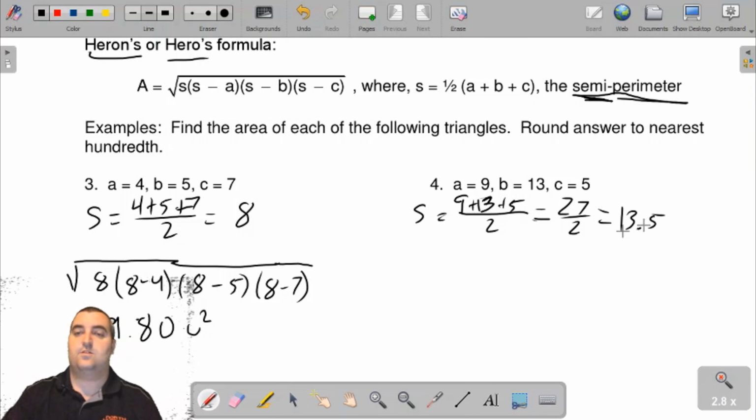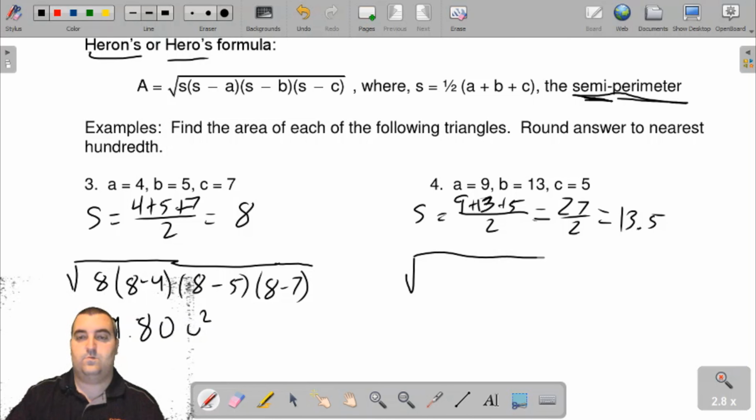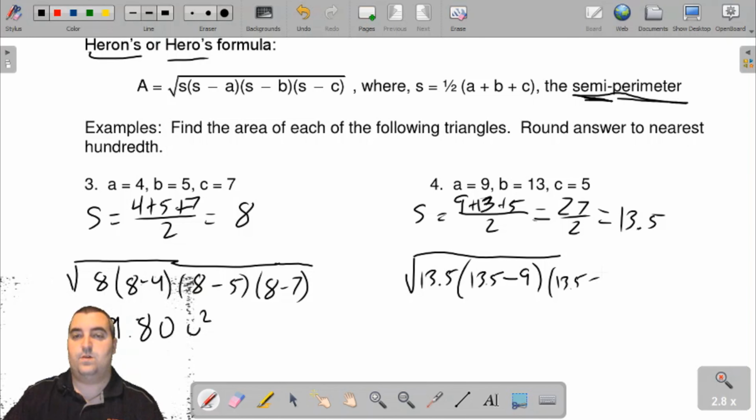Because we're using the calculator, it might be a little easier to put the decimal in. So now we type this in, or write it out: 13.5, 13.5 minus 9, 13.5 minus 13, and 13.5 minus 5.